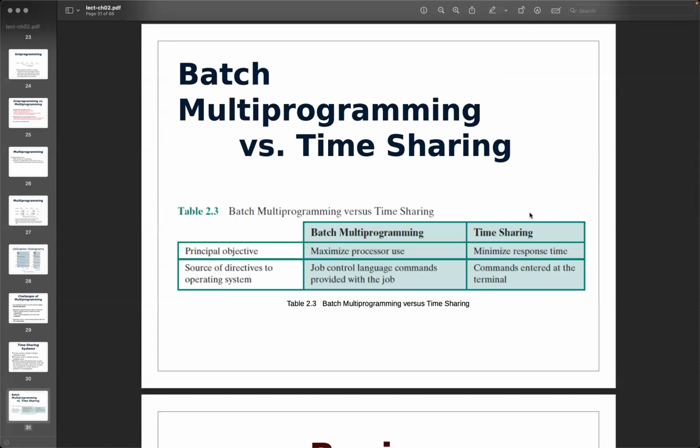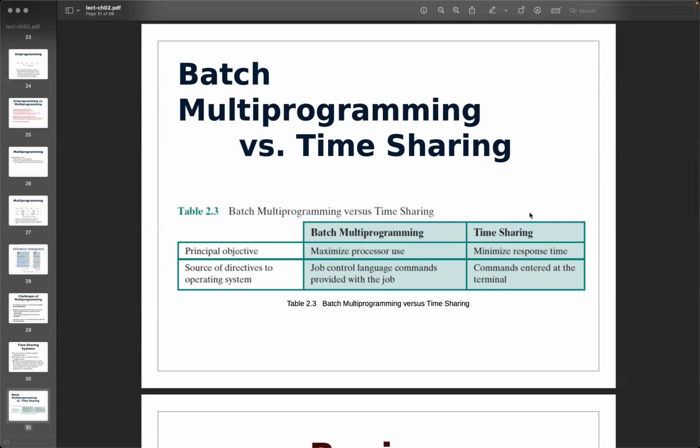When we compare batch programming with time sharing, for batch the principle is to maximize the processor's use of all the resources. But for time sharing, the goal is to minimize the response time.